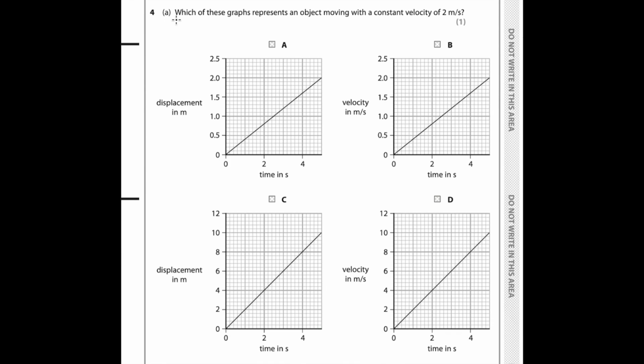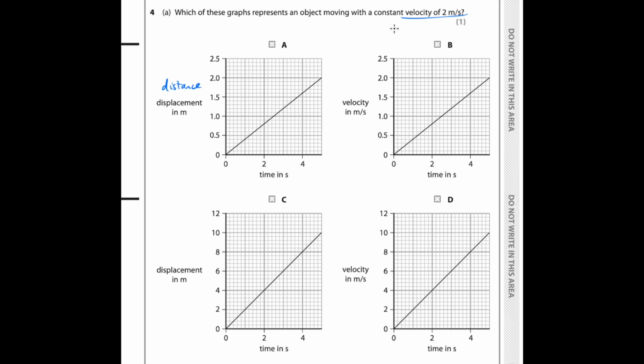Question 4. Which of these graphs represents an object moving with a constant velocity of 2 meters per second? Constant velocity. Right, just be careful. So they've got a displacement graph here, which is basically distance with a direction. So that's distance time, that's velocity time, that's displacement time, and that's velocity time.